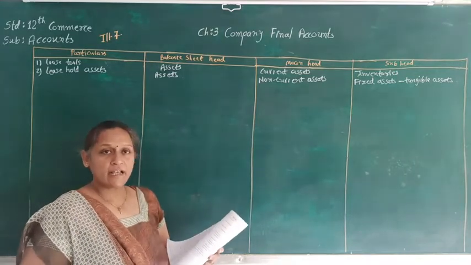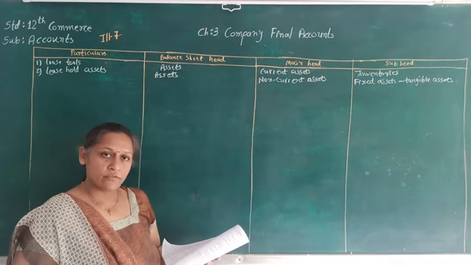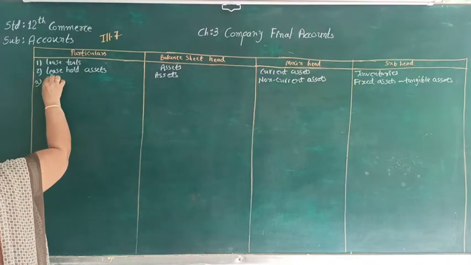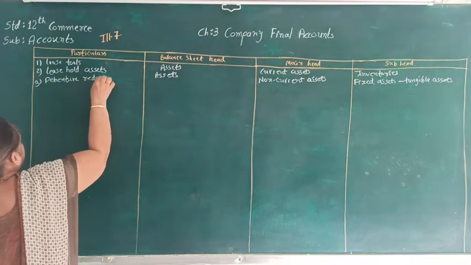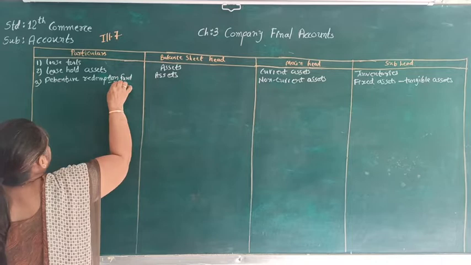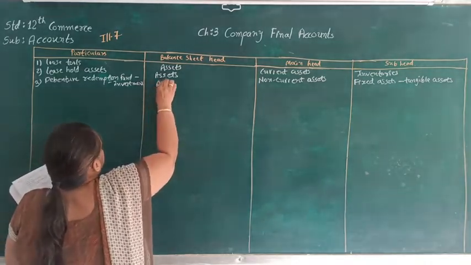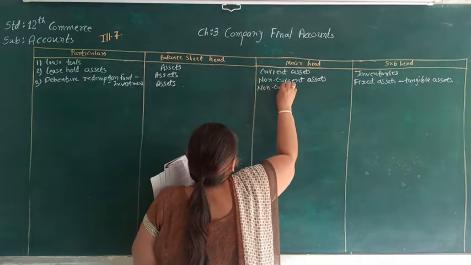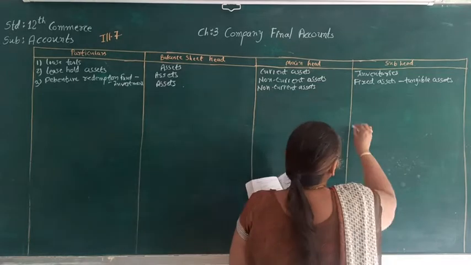So here, as nothing is given to us, we will assume we have to redeem this debenture after a long period of time, and it will be shown as a non-current asset, under non-current investment.